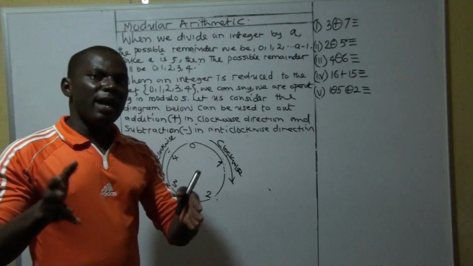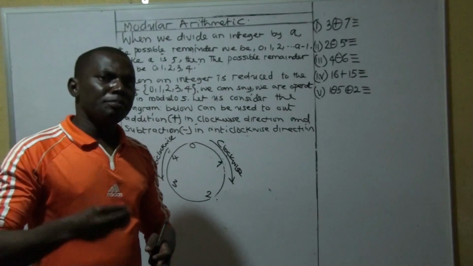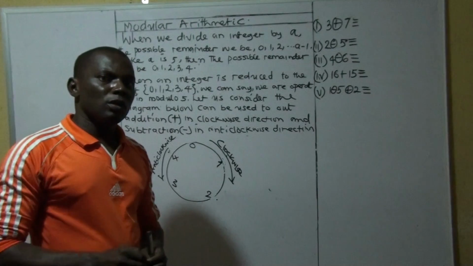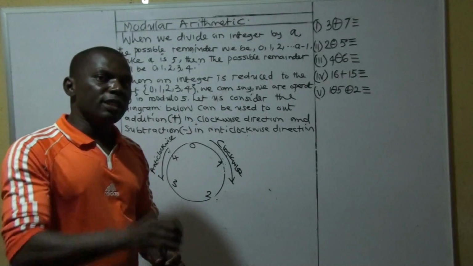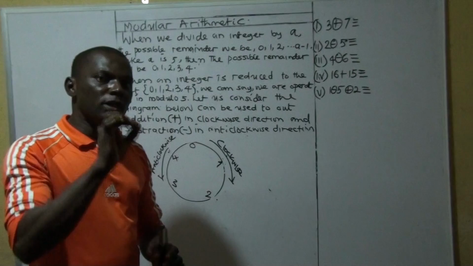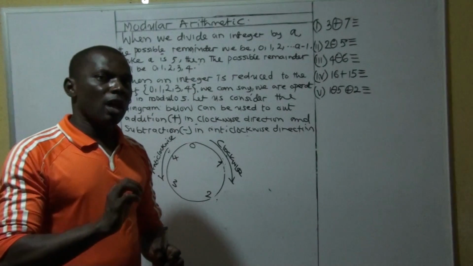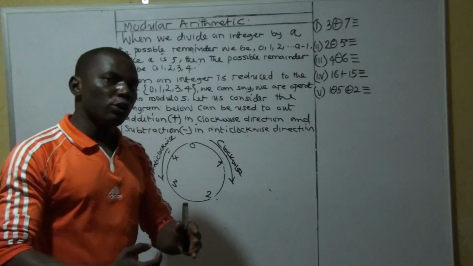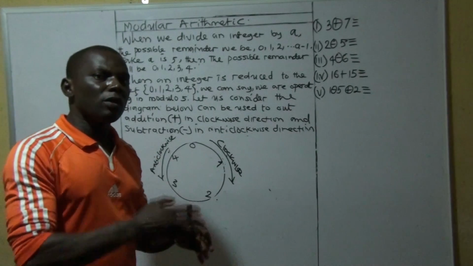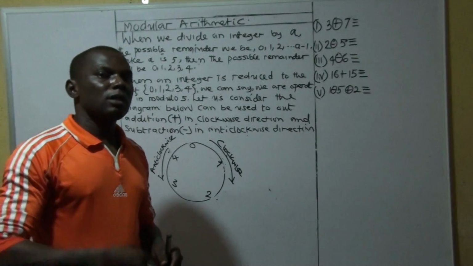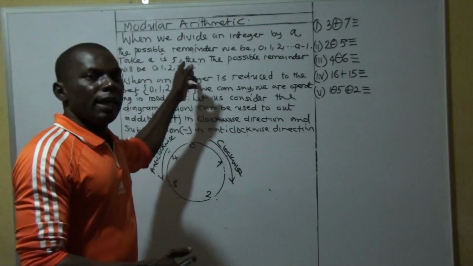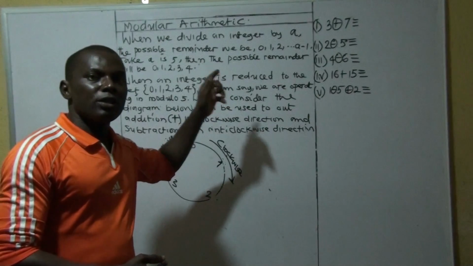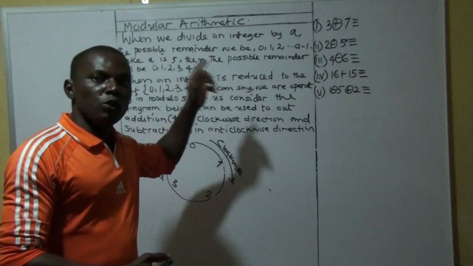So if we are dividing an integer by 5, the set of remainders will be 0, 1, 2, 3, and 4. That means we are operating in modulo 5. The highest possible set of remainders, if 5 is the divisor, is going to be 0 to 4.